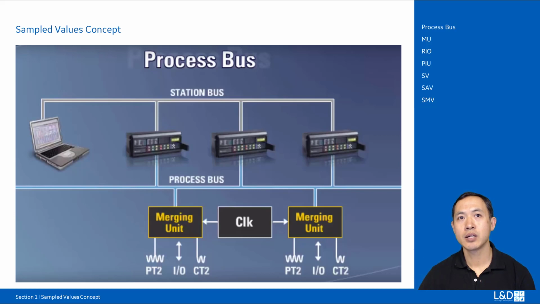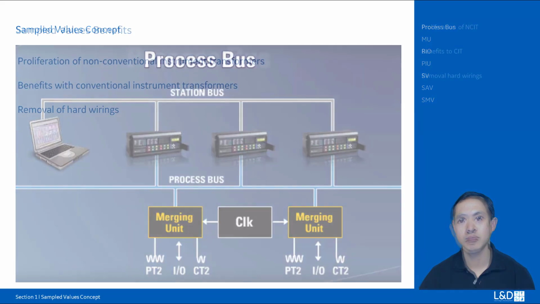Thus, SV can replace the classic secondary quantities. SV are published in the substation network and are able to be subscribed by any devices that make use of them. A PIU publishes both analog and status data in both SV and GOOSE messages.